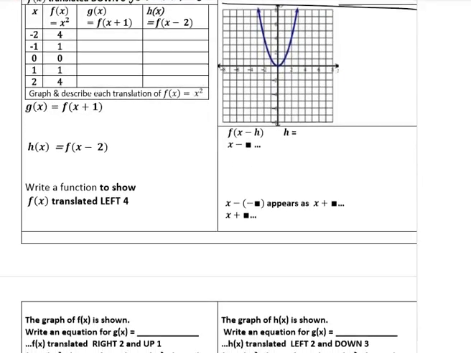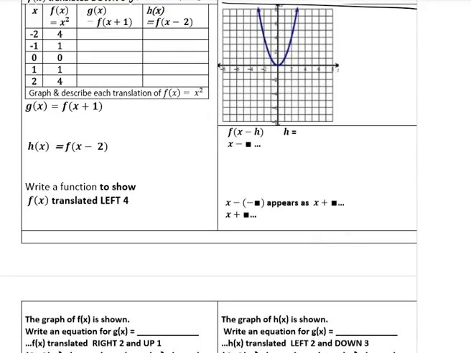Alright, so now my next one. Same idea where f of x is x squared. But now I'm going to look at g of x. And here it says that g of x is f of x plus 1. So it's going to be a little bit more work, and here's how it's going to look. When I plugged in -2, this means -2 plus 1, and that's going to be squared.